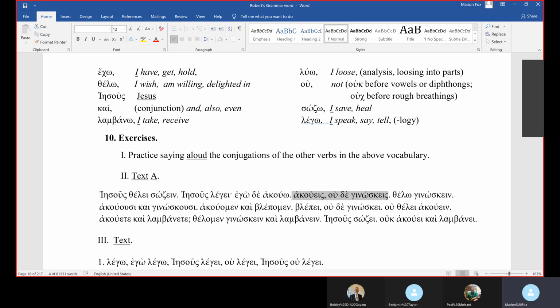Akues, u de genoskes. That's how that would read. Thelo gnoskane. Kuusi kai gnoskusi.